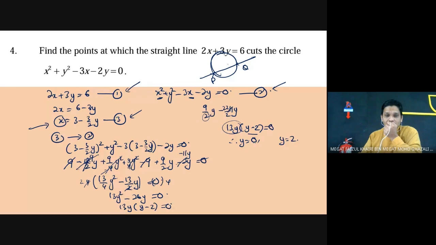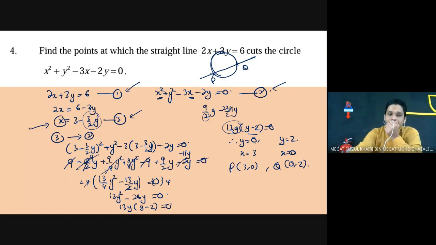So when y equal to 0, x equal to 3. So the coordinate of 3, 0. And y equal to 2. When y equal to 2, 2 divided by 2 equal to 1 times 3 equal to 3. 3 minus 3 equal to 0. So 0 and 2. So this is the coordinate of intersection between the straight line and the circle.